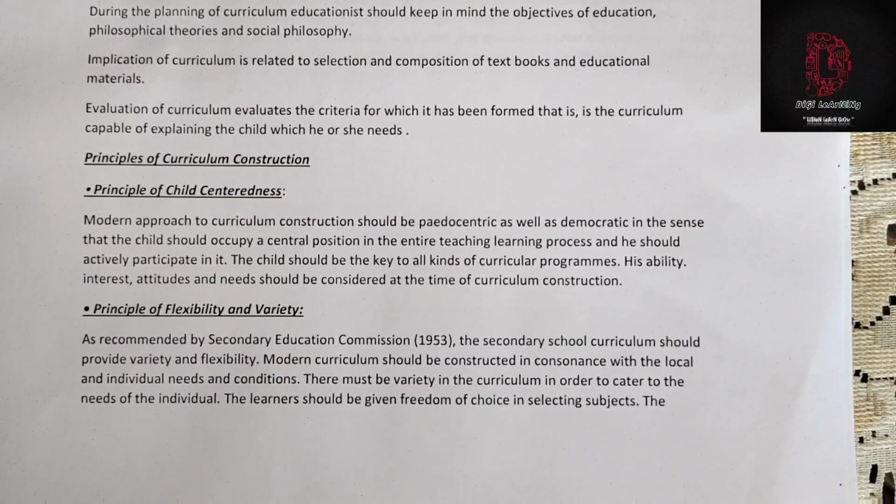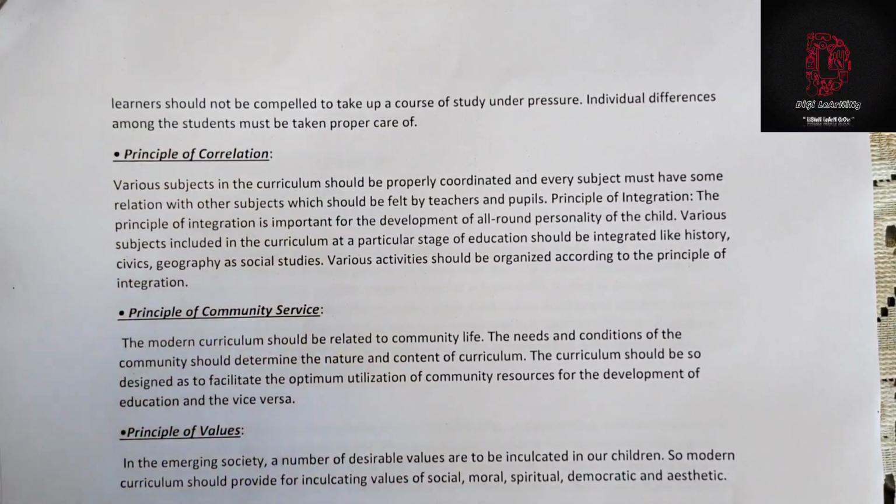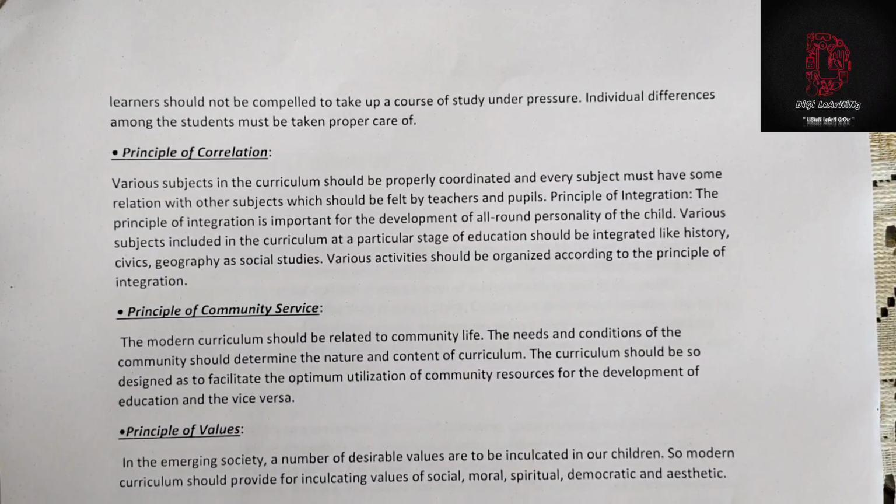There must be variety in the curriculum in order to cater to the needs of the individual. The learners should be given freedom of choice in selecting subjects. The learner should not be compelled to take up a course of study under pressure. Individual differences among the students must be taken proper care of.